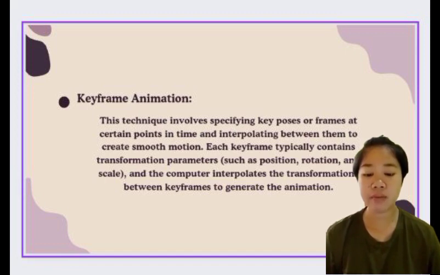This technique involves specifying key poses or frames at certain points in time and interpolating between them to create smooth motion. Each keyframe typically contains transformation parameters such as position, rotation, and scale, and the computer interpolates the transformation between keyframes to generate the animation.